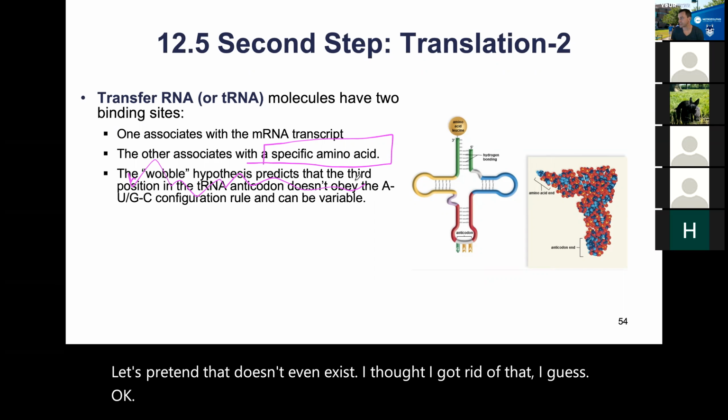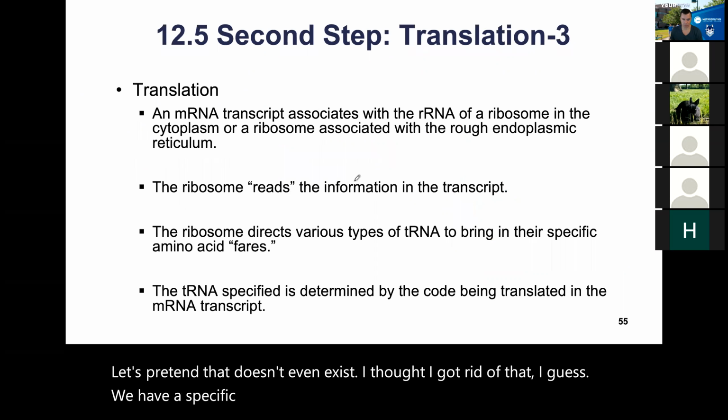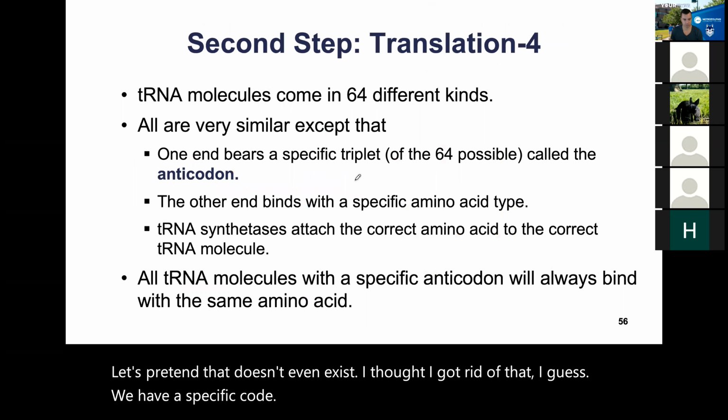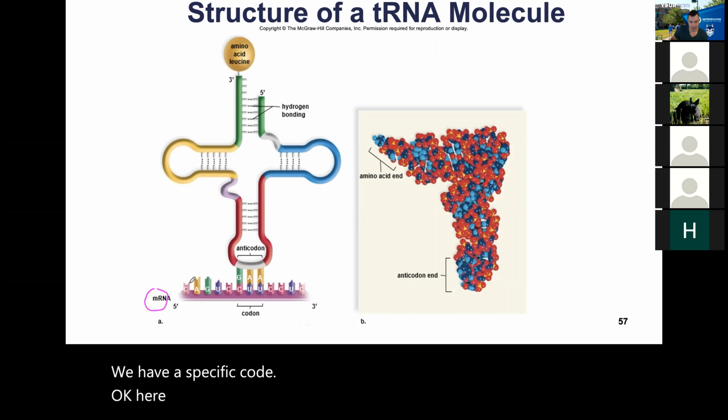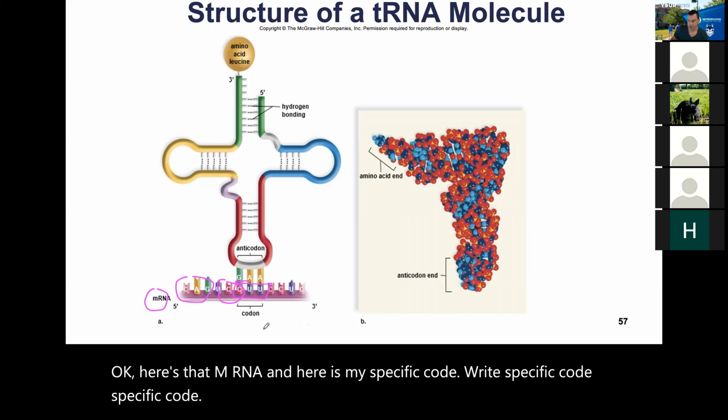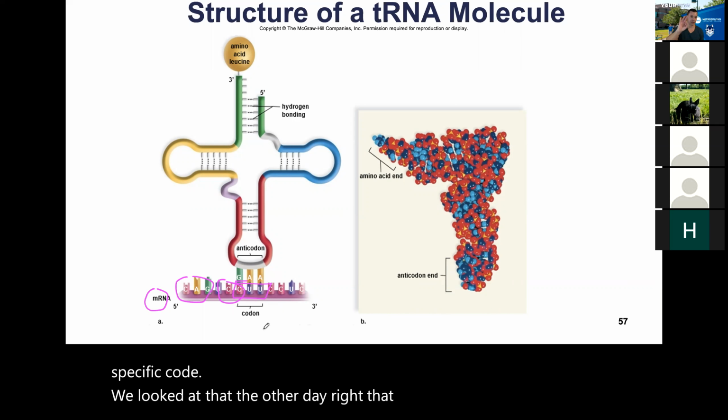We have a specific code. Okay. Here's that mRNA. And here is my specific code, right? We looked at that the other day, right? That genetic code. Those 3 little letters give me a specific amino acid.